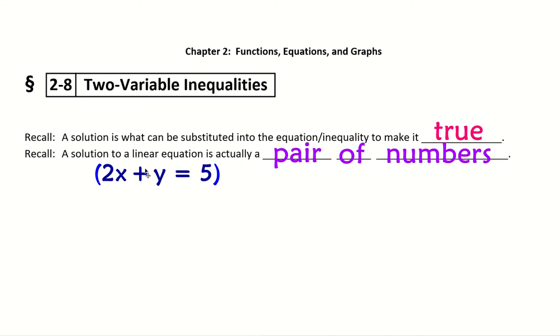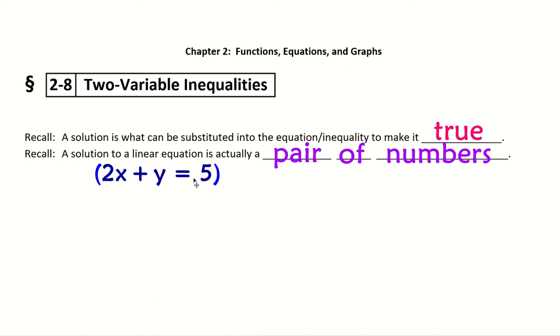So here, one example of a solution might be if x were to equal 1, along with y being equal to 3, because then 2 times 1 plus 3 does equal 5. So 1, 3 would be an example of many solutions to this linear equation.